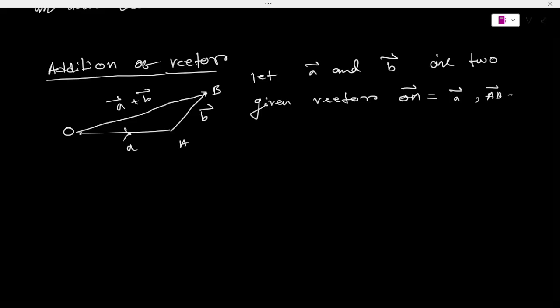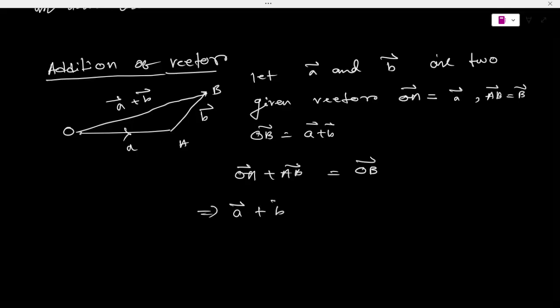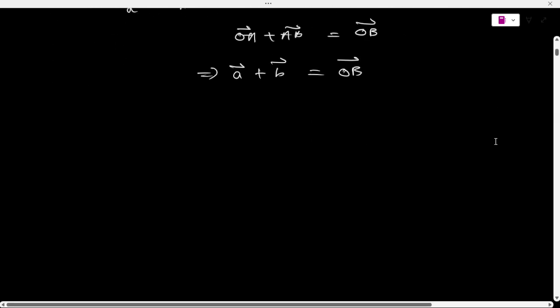And OB is equal to a vector plus b vector. So here we can say that OA vector plus AB vector is equal to OB vector. Remember that. So we can write that a vector plus b vector is equal to OB vector. Clear?